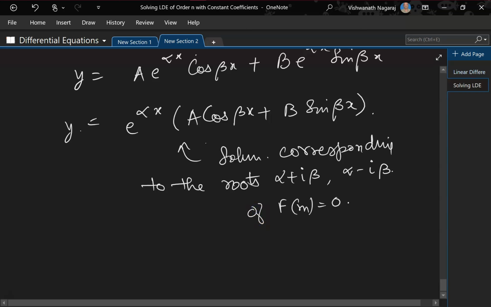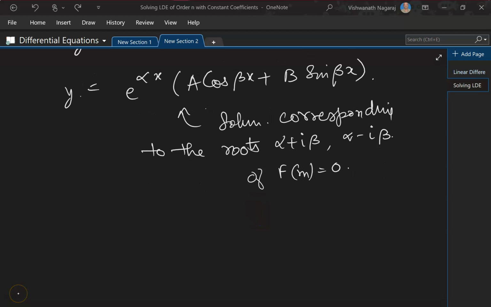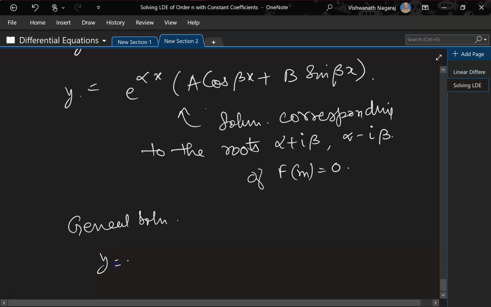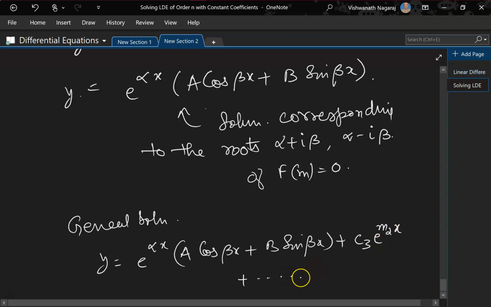So here the complete solution would be y is equal to e to the power of alpha x times (A cos beta x plus B sin beta x) plus C3 e to the power of m3 x and so on up to Cn e to the power of mn x.